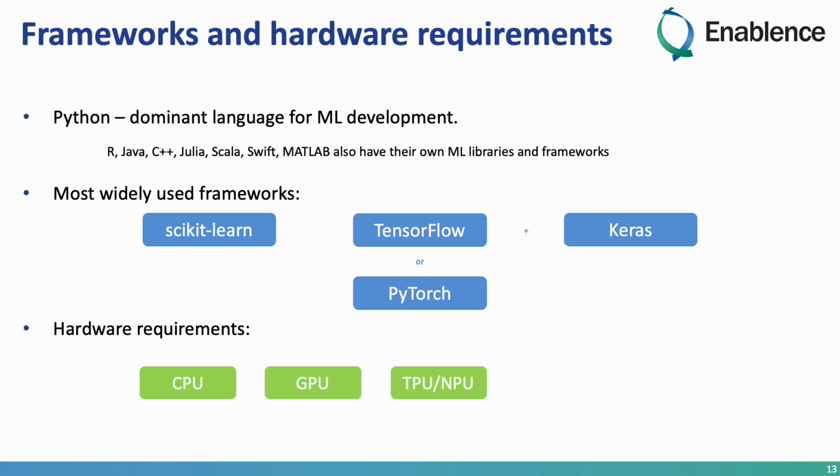Scikit-learn is a very popular machine learning library in Python that provides a range of algorithms and utilities for various tasks, including data pre-processing, model training, and model evaluation.